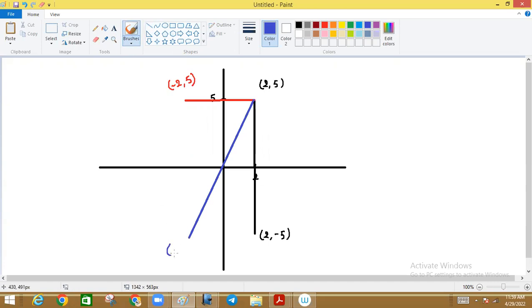Both. X also changes, y also changes. So it becomes (-2, -5), because here it is -2, here it is -5. Right?